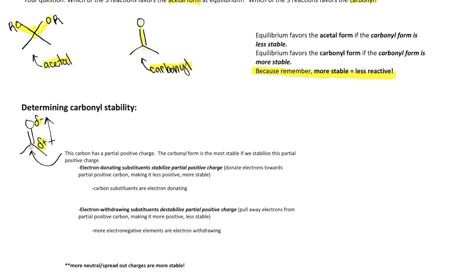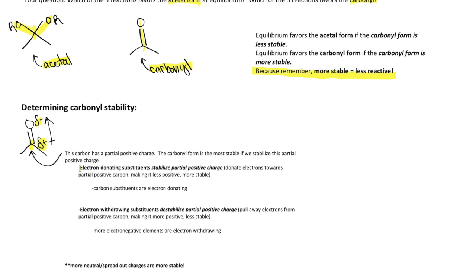The more stable that partial positive is, the less willing a nucleophile is going to be to attack this carbonyl carbon and convert us from the carbonyl form to the acetal form. So the more stable this molecule is, the less reactive it's going to be. If it was less stable, it would be more willing to turn into something else, so it would be more reactive.